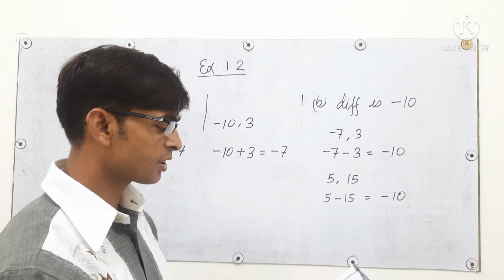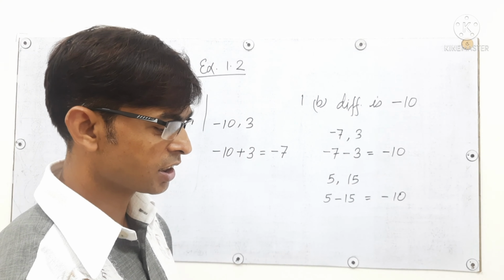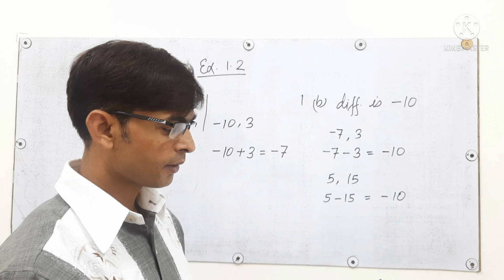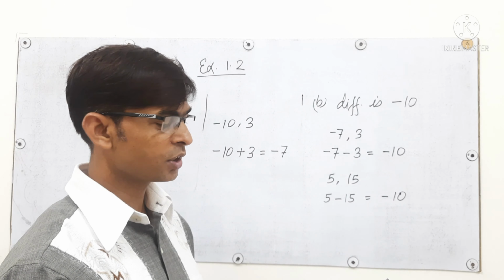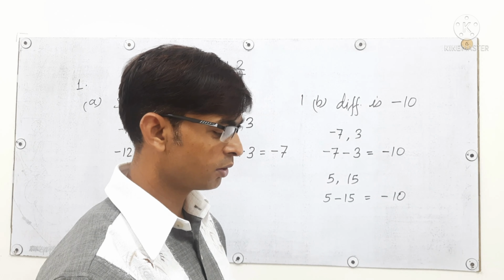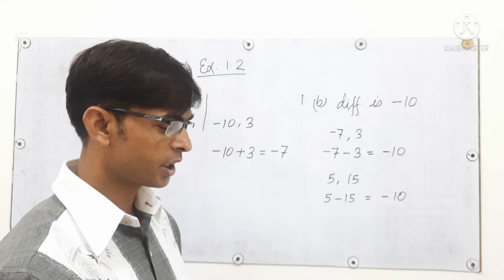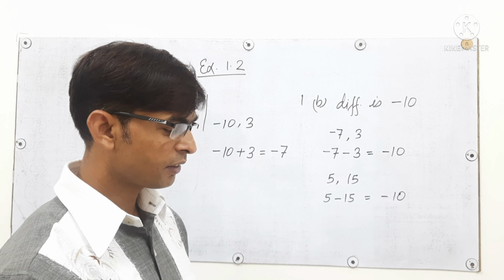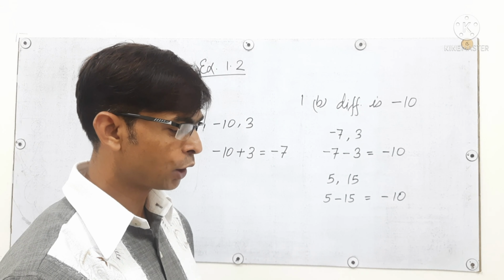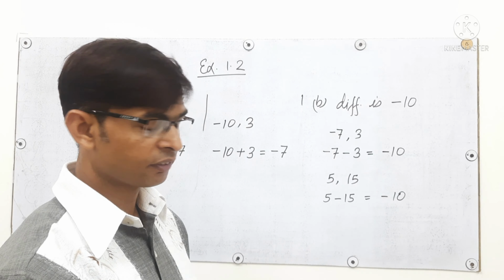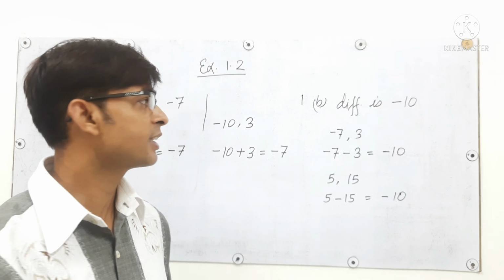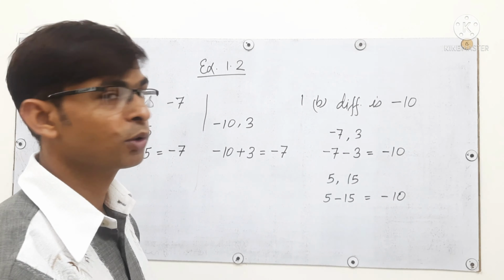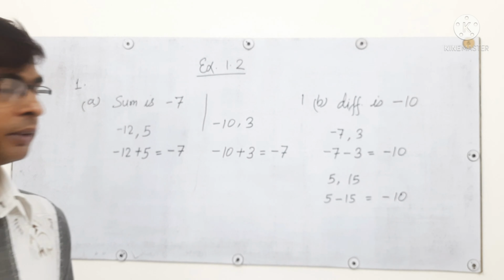Question 2 is: write a pair of negative integers whose difference gives 8. You can see the question on your screen also. Here we have to find a pair of negative integers whose difference gives 8. It's very easy, and now I am going to write it so you can note it here.